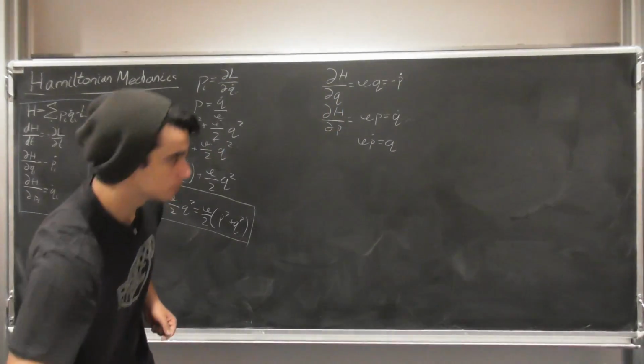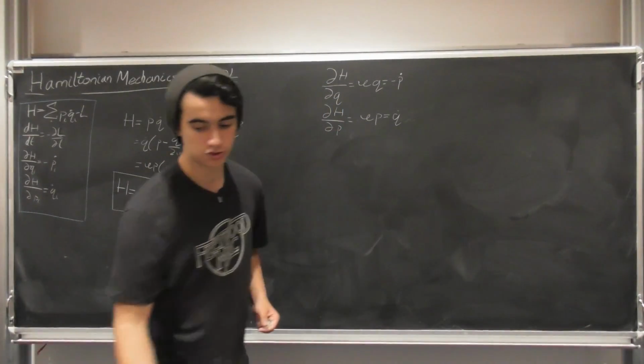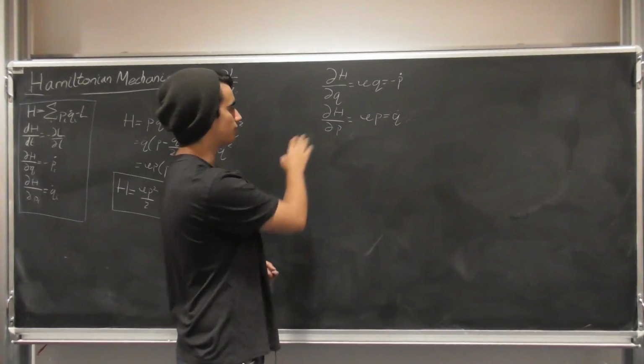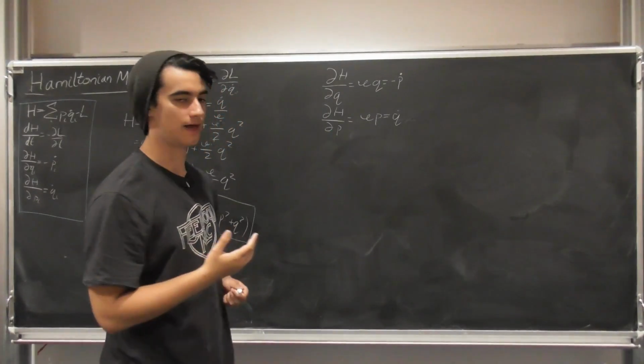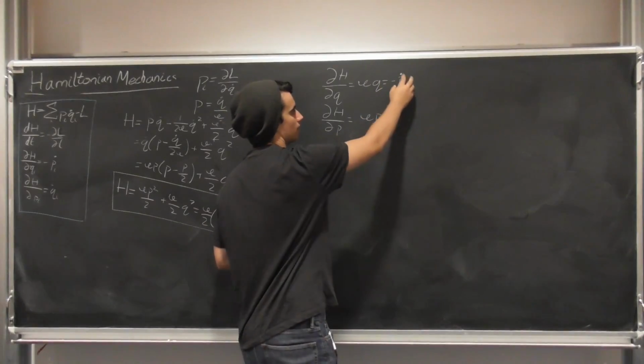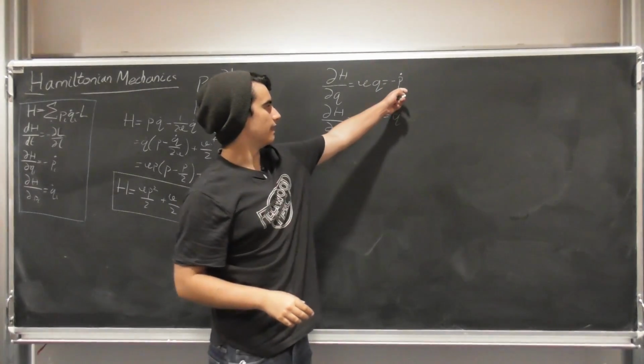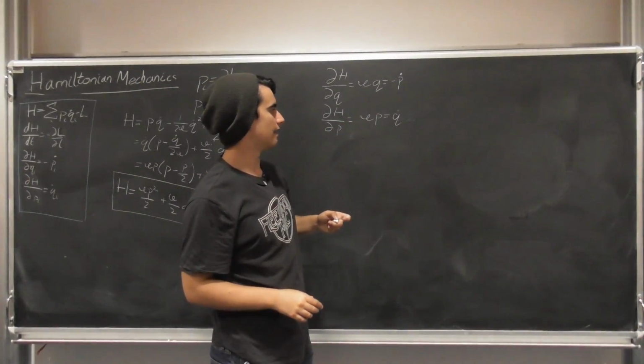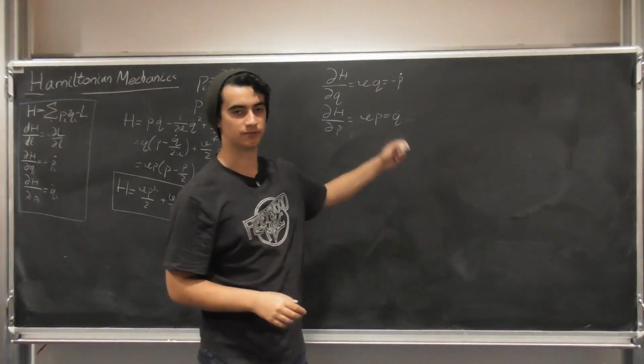Before we go into that, we now have two equations that model how our particle is moving. We have mass times acceleration here, so we have our acceleration, our position, and our velocity and momentum here.